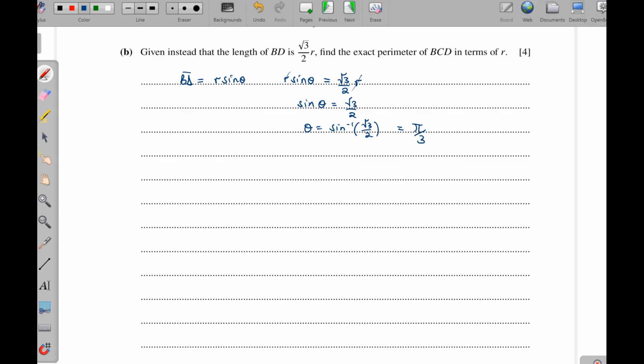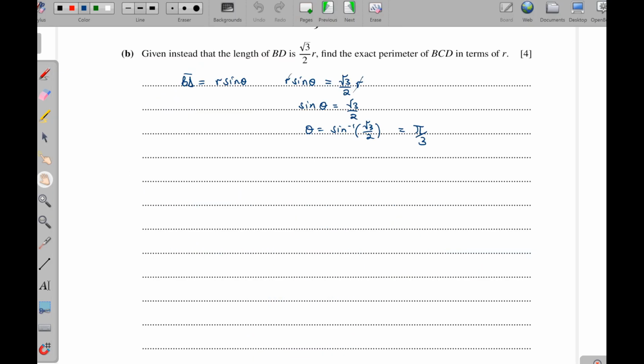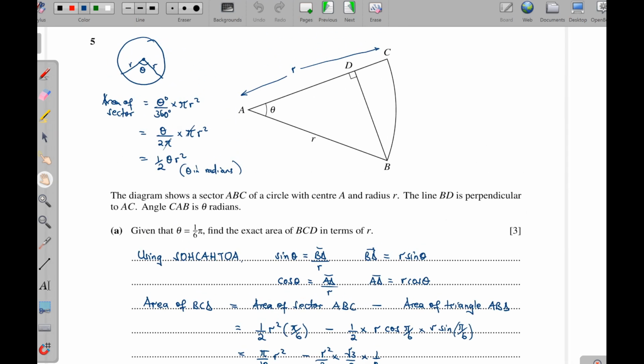You see that? Now they want the perimeter. So when you check back here, the perimeter of BCD will be the sum of lengths around the shape. So we need BD, which is given. We need the arc BC, and we also need the DC here. Okay, now let's go back.